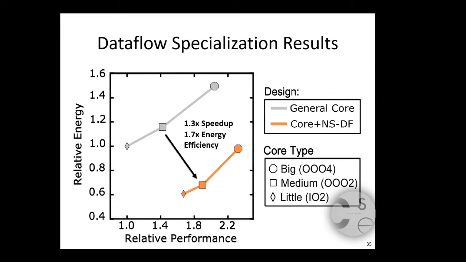We get a little bit less speedup for the large core and a little bit more speedup for the in-order core. Overall, we're getting some significant benefits transparently, but that's actually not the most interesting result here. What I actually want to explain is why Dataflow makes the most sense inside of a behavior specialization context.